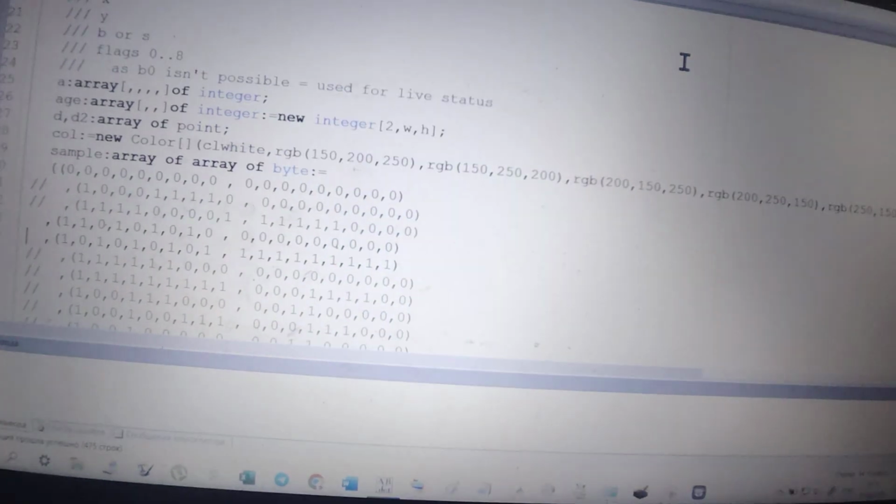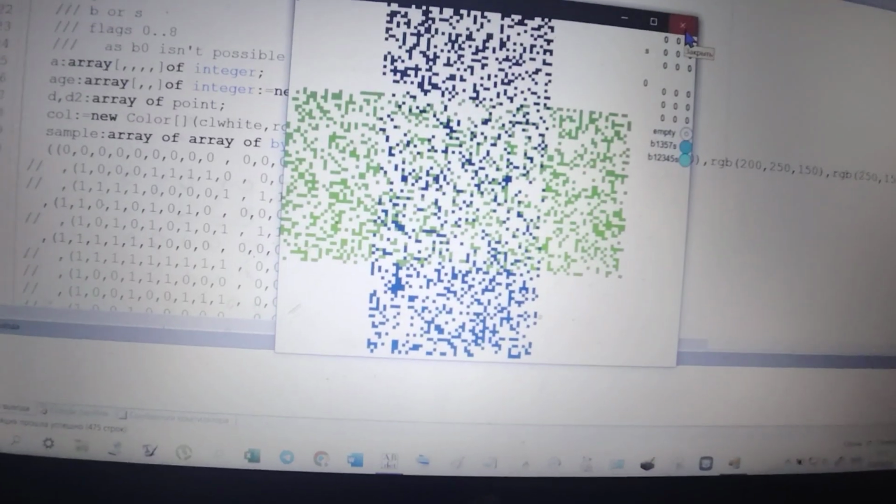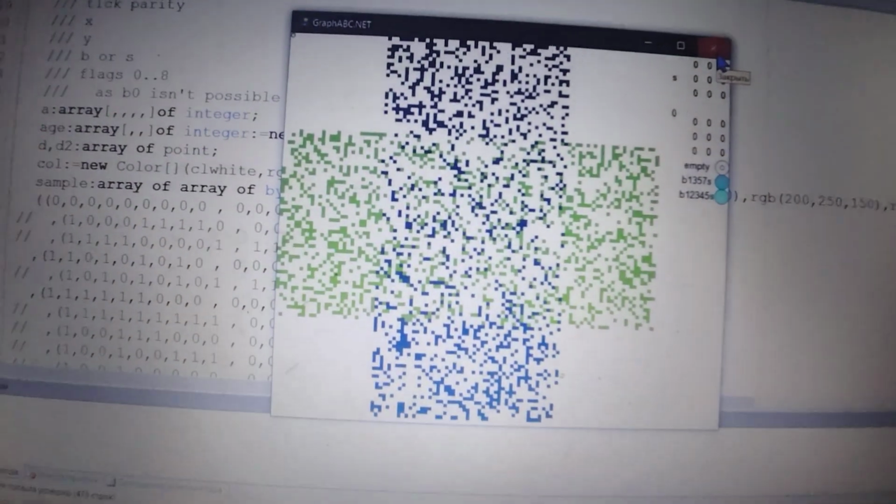living cells around it and takes from them, I think we can say, samples of the genome.